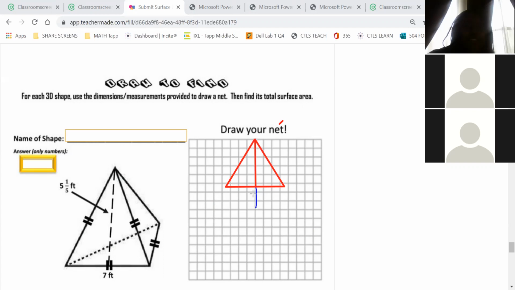Oh, I didn't choose a line, no wonder. All right, I'm going to go down. Going to make this other triangle.